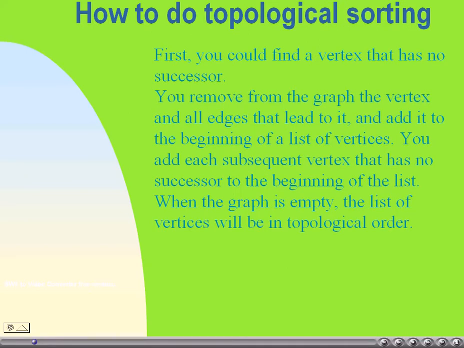How really can we find out the topological order of nodes of a graph? To achieve this, we can approach the following steps. First, we find a node which doesn't have any predecessor. That is, the node should not have any edge ending at this node. That is, its in-degree value is 0.